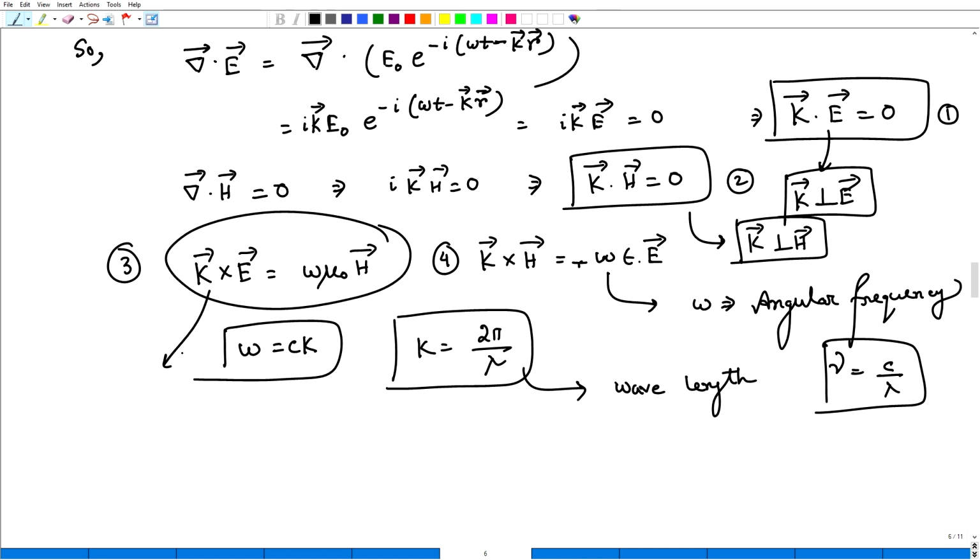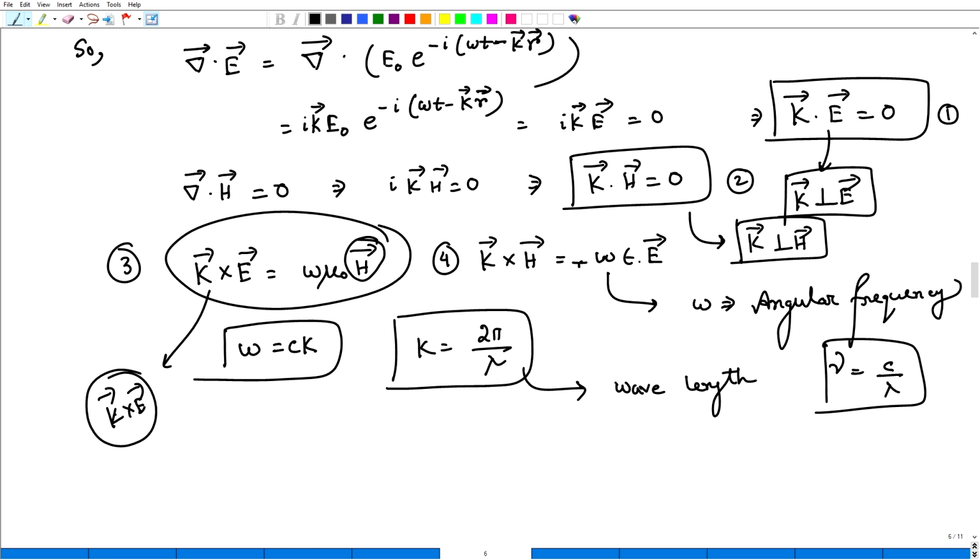So, from here we can write that, k cross E means it creates a plane. We can think like that, that will be easier. So, k vector cross E vector, and here is the H vector.